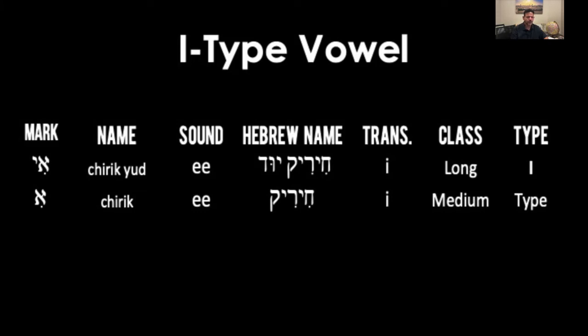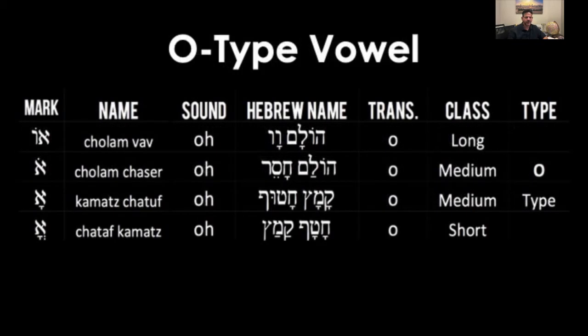And hirik yud is the dot followed by the letter yud, or hirik by itself would then reduce it from long to medium. If we go on to the O vowel, this is the fun one. The vav with the dot on top is the normal way to make an O, cholam vav.